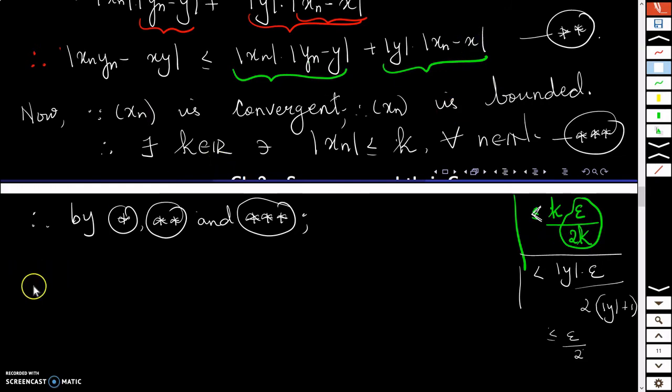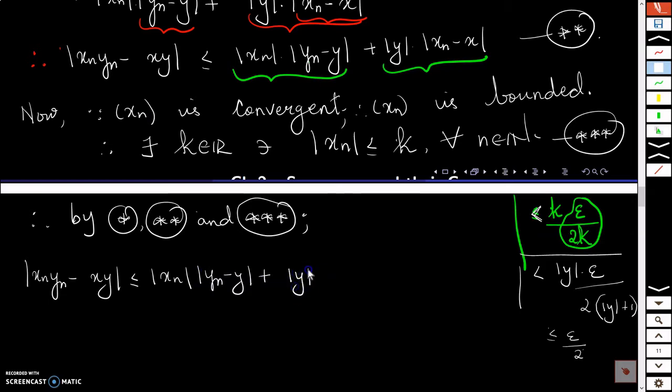So by double star, I have mod xn yn minus xy is less than or equal to mod xn into mod yn minus y plus mod y into mod xn minus x.